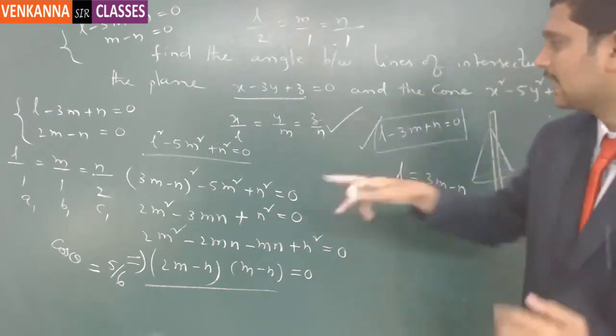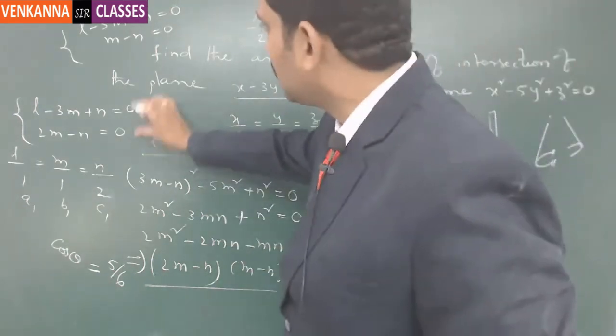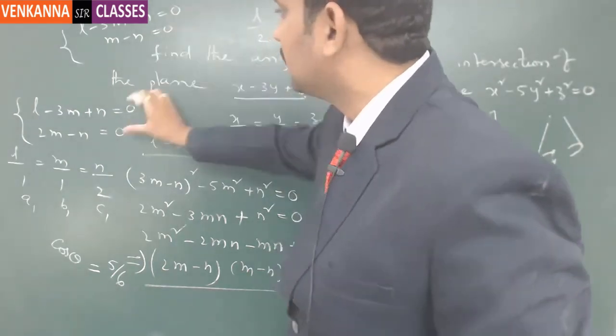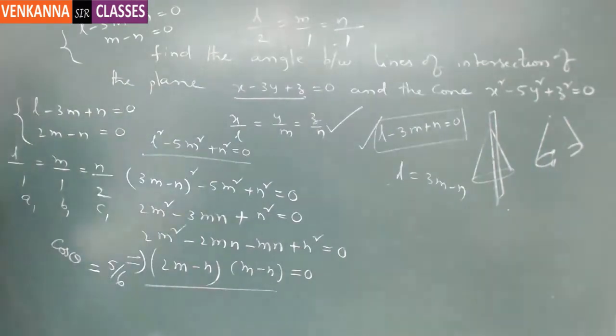Similarly, for the other side, plane and cone are mandatory. That's why I have taken two sets together. This is one set and this is one set. Okay? Is everybody getting the idea why I have taken those two equations together to solve?